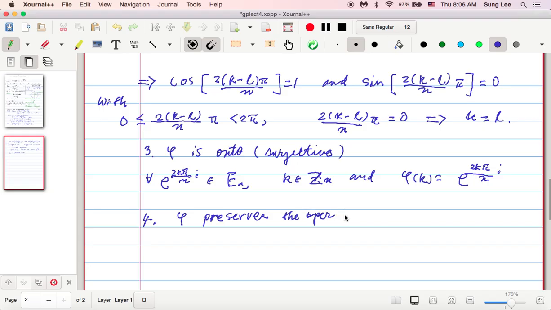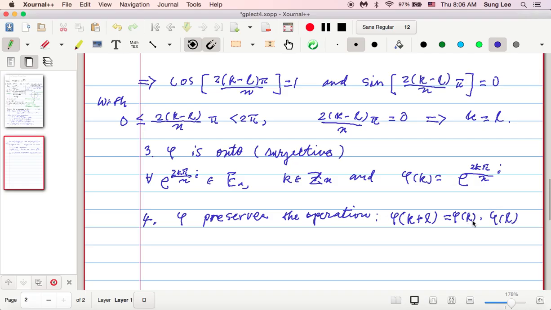What we mean by preserving the operation, we talked about before. Z sub n is an additive group, so we have to show that phi of k plus l is the same as phi of k times phi of l.